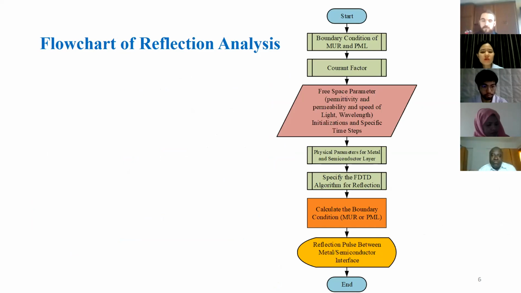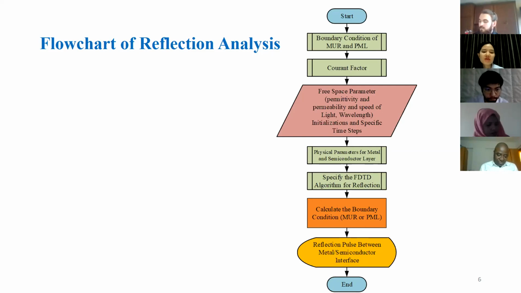Firstly, we set the boundary condition for MUR and PML, and then we set the current factor, and then we declare the free space parameters: permittivity epsilon naught, permeability mu naught, speed of light c, and wavelength lambda. The electric field and magnetic field are set to 0 for initialization, and we also declare the specific time step.